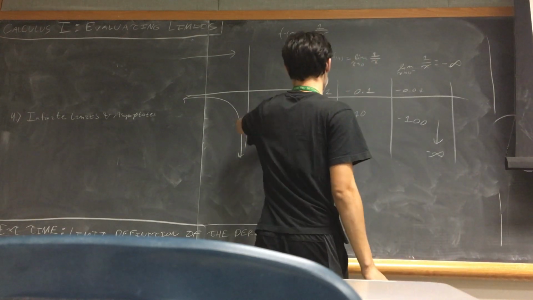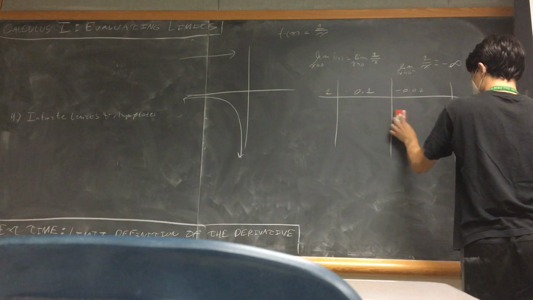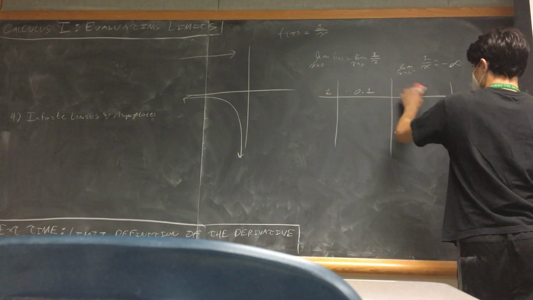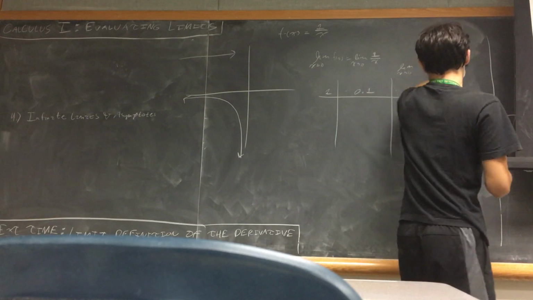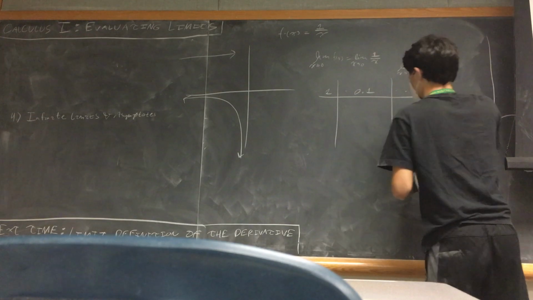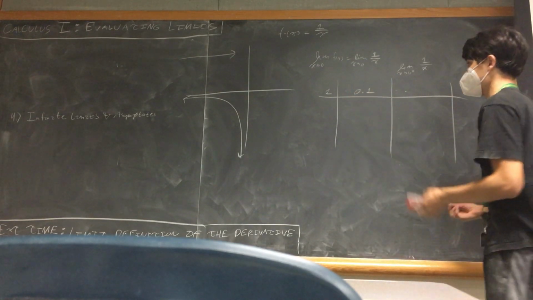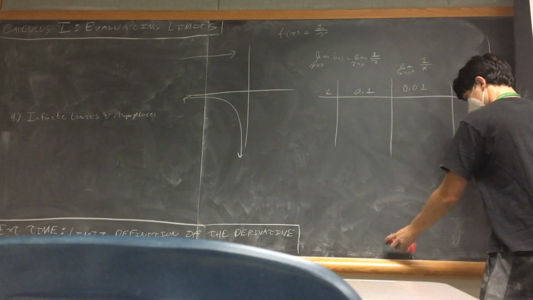Now let's say we wanted to know the limit as x approaches 0 from the right of 1 over x. So we just change this. So let's use our same numbers, 1, 0.1, 0.01.